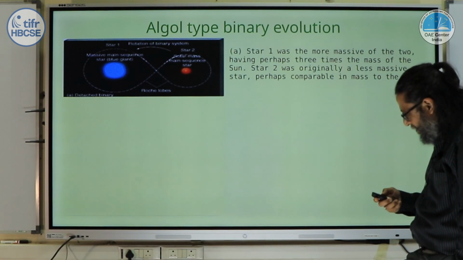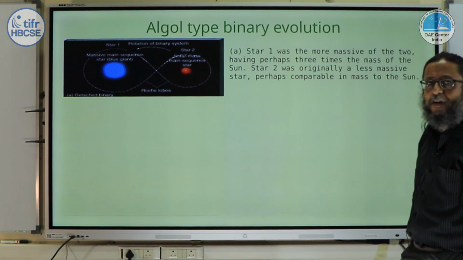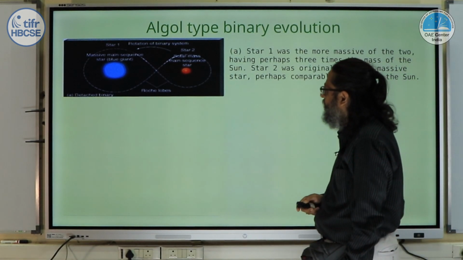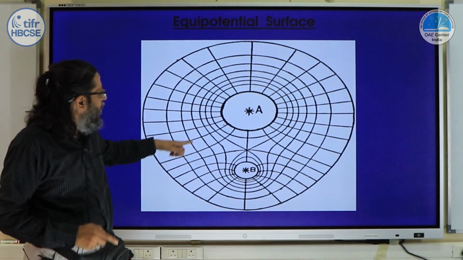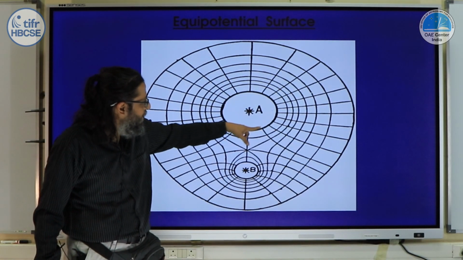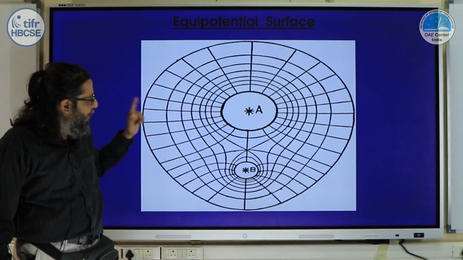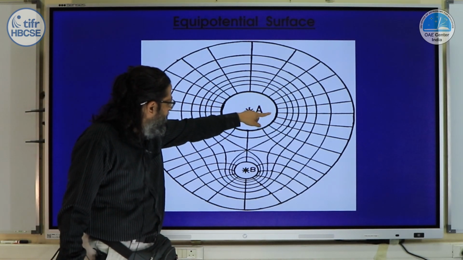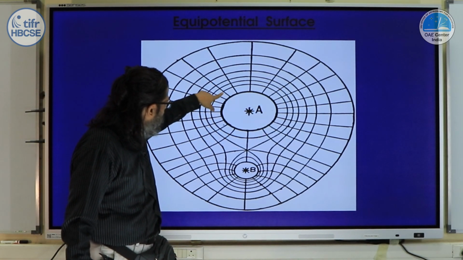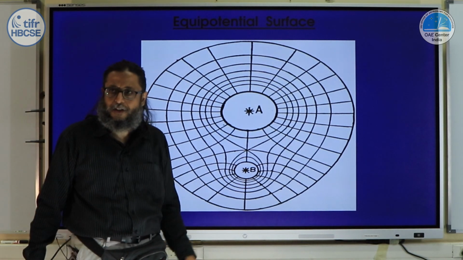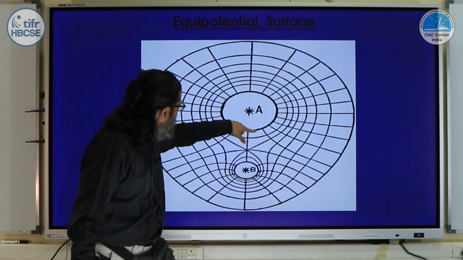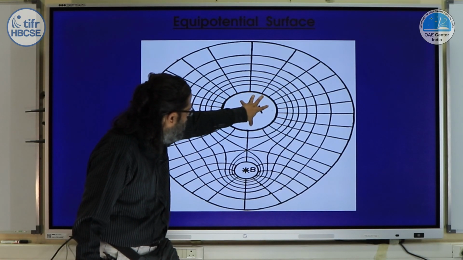Now understand something very, very carefully. This is the equipotential diagram. Okay. What we mean is that these circular lines are the lines of equal potential. Here these lines correspond to the potential of this object.